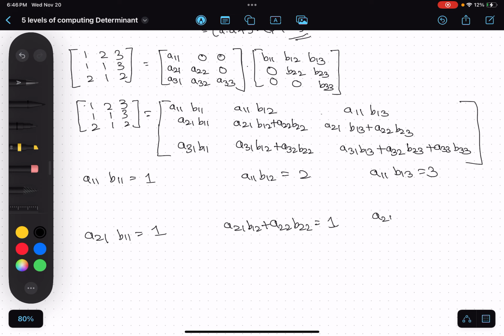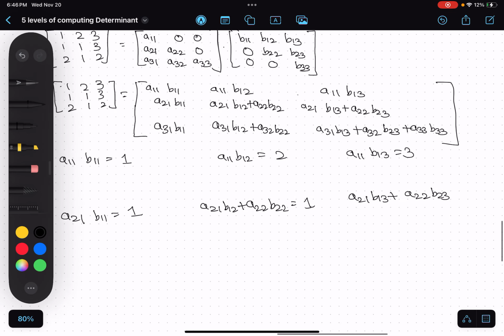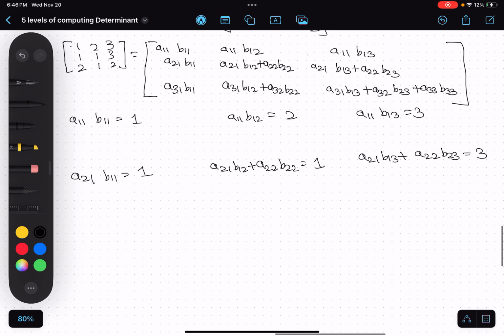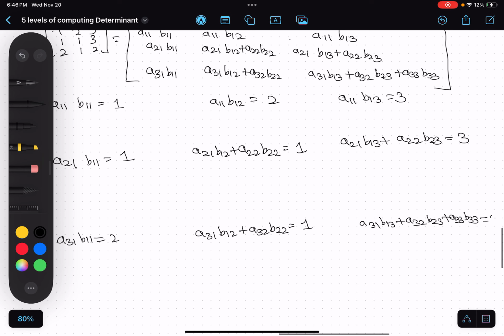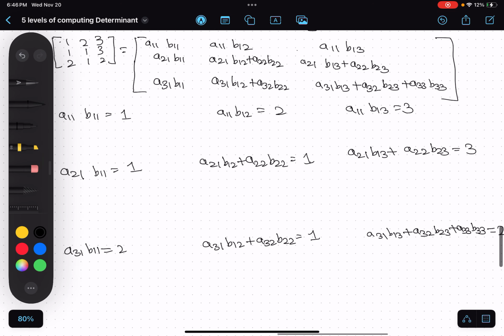A21 B13 plus A22 B23 is 3. A31 B11 is 2. A31 B12 plus A32 B22 is 1. And A31 B13 plus A32 B23 plus A33 B33 is just 2. So 1 2 3, 1 1 3, 2 1 2.